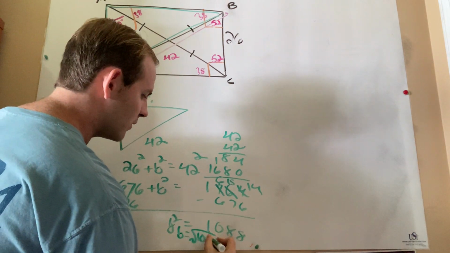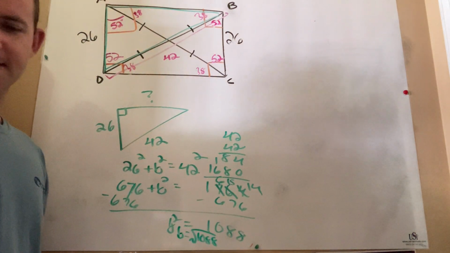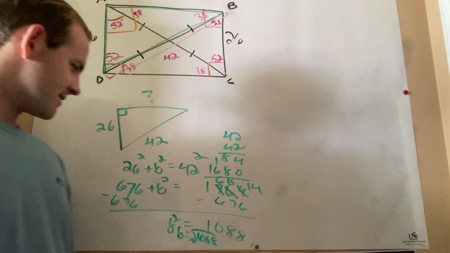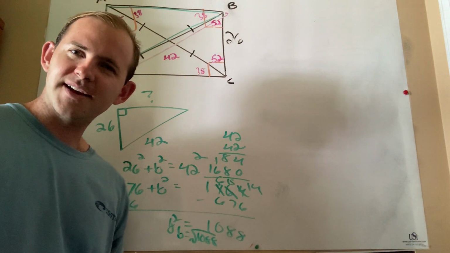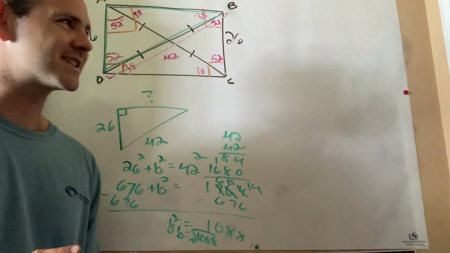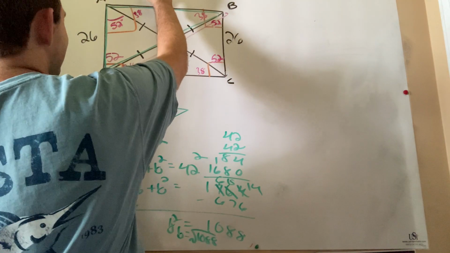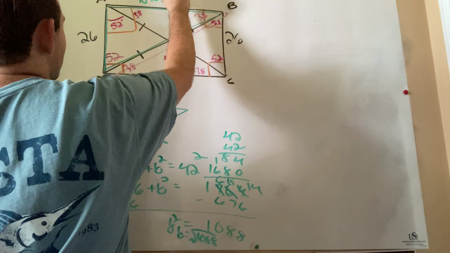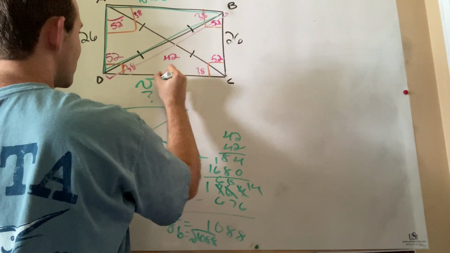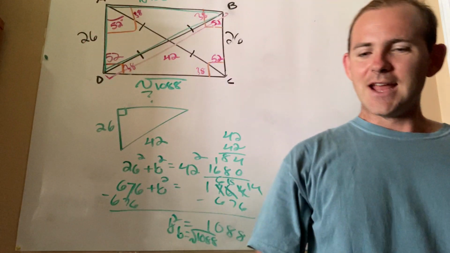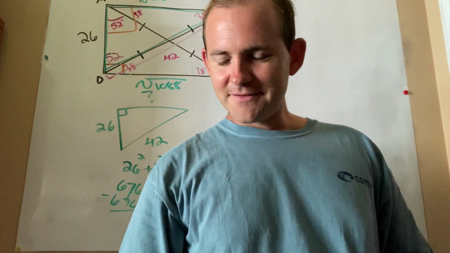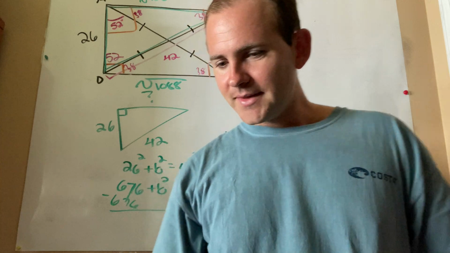So I'm going to say radical 1,088. Is that actually a perfect square? I don't think so. I know it could probably be simplified, but for right now, you have my permission to leave it alone. So this side over here is radical 1,088, and so is this one.